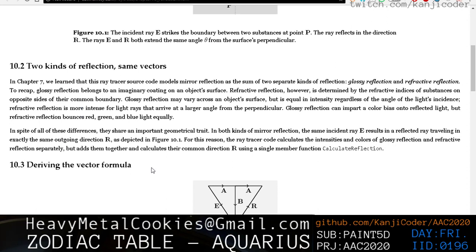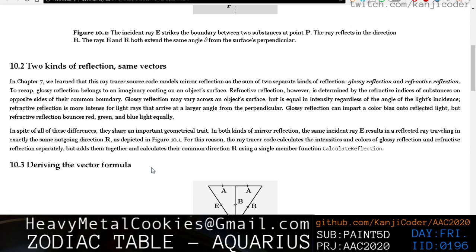To recap, glossy reflection belongs to an imaginary coating on an object's surface. Refractive reflection, however, is determined by the refractive indices of substances on the opposite sides of their common boundary. Glossy reflection may vary across an object's surface, but is equal in intensity regardless of the angle of the light's incidence.